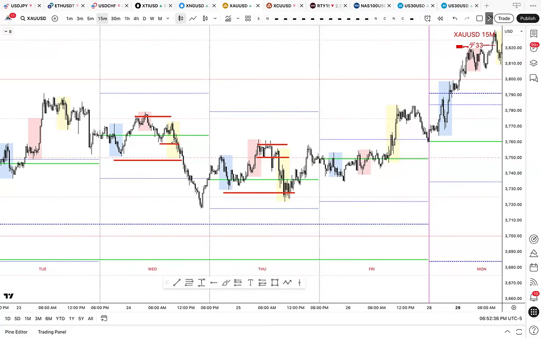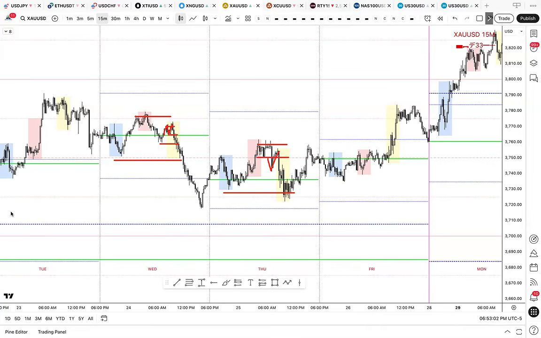In live time, I'm not thinking about anything else except breakout pullback or breakout fail. That is it. If they're not breaking out and pulling back, I won't take the trade. If they're not breaking out and failing, I will not take the trade.